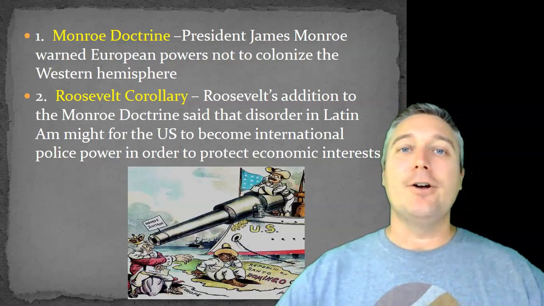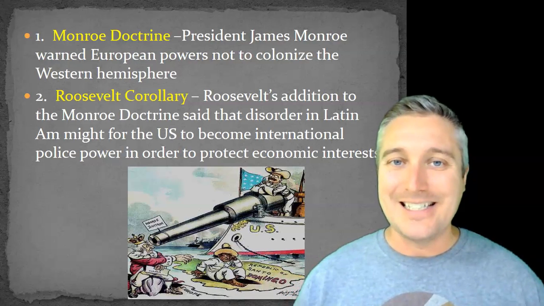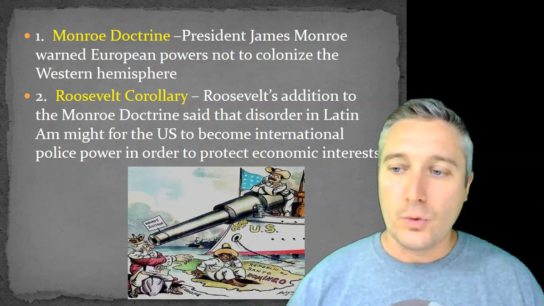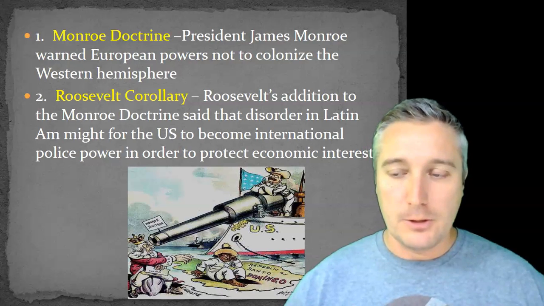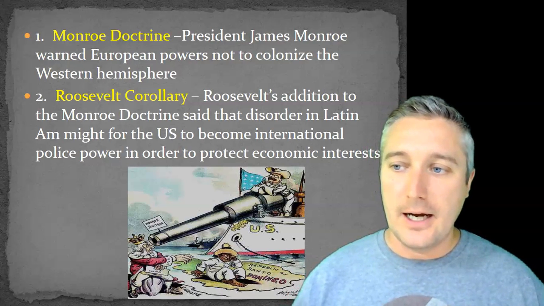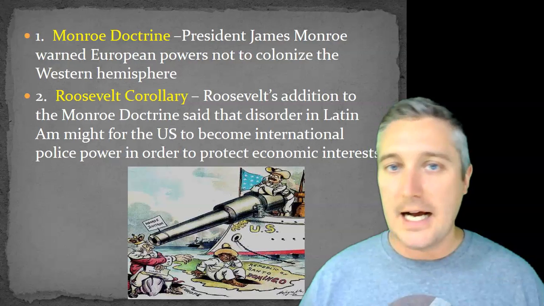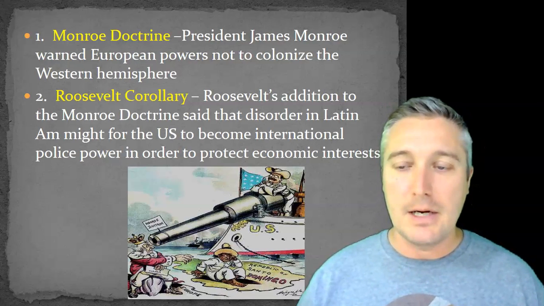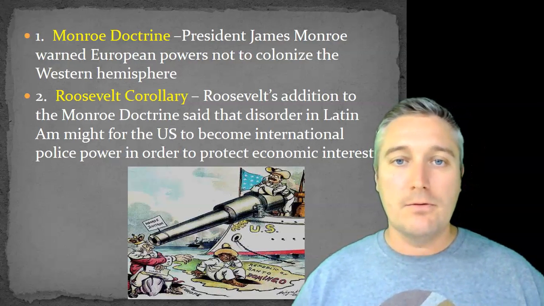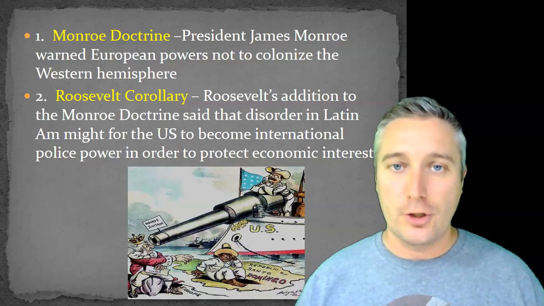Teddy Roosevelt added on to this. A corollary means an addition, okay? So Roosevelt corollary on top of the Monroe Doctrine. He said that any kind of disorder, chaos, political instability in Latin America might force the United States to become an international police power.